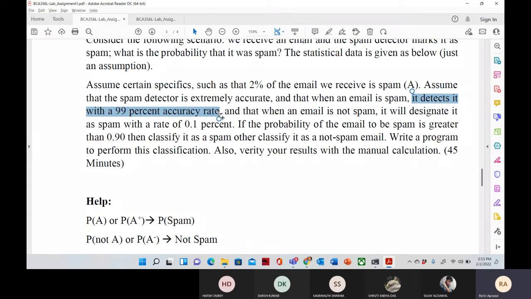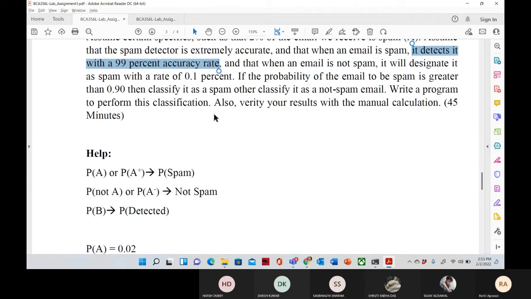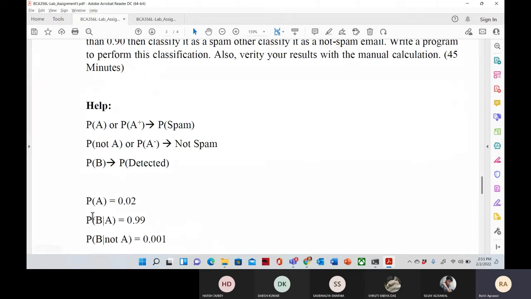So the spam detector will be the event B. It is given that it is spam, and it also gives you the 99% accuracy. So that means what? It is P of B given A, if B is the detector.